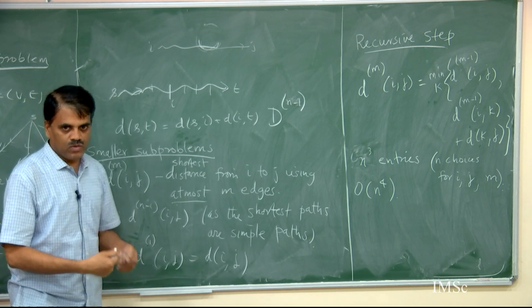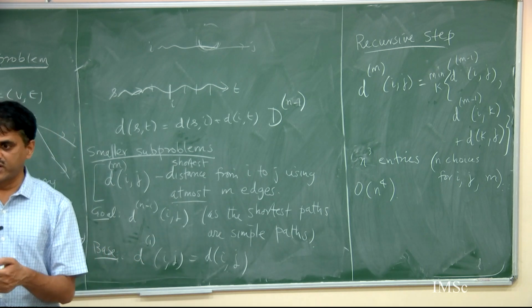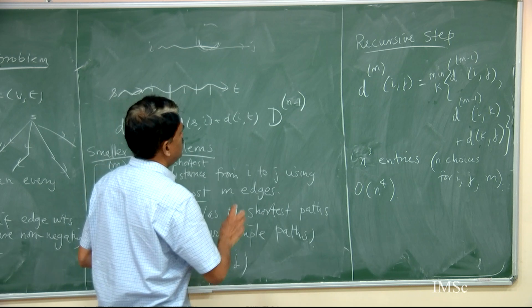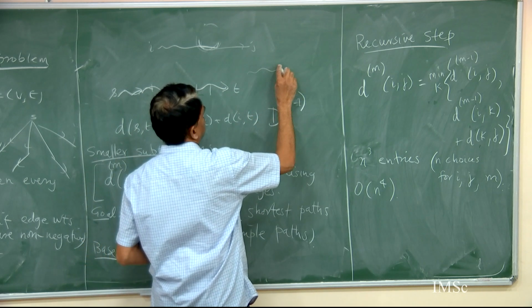I'm computing D1, D2, D3, D4, and incrementally going to D n. Do I really have to go incrementally? What is a better way to do it? I want a path of length at most n minus 1.